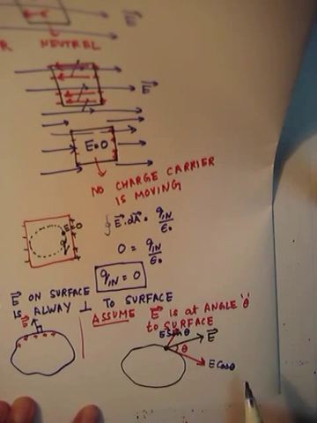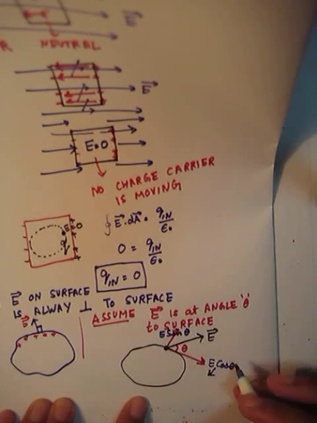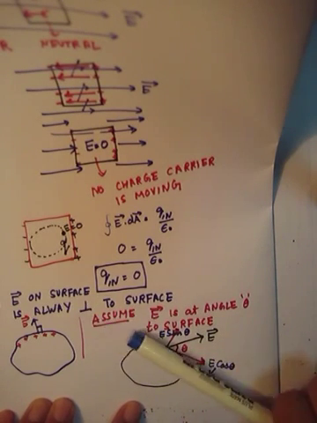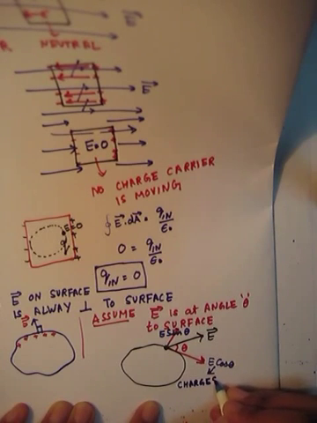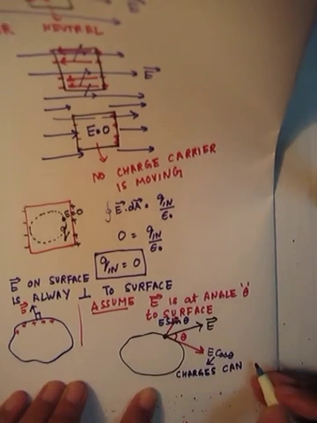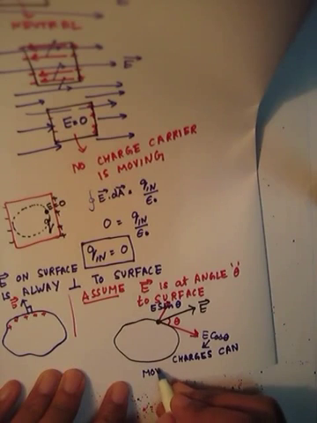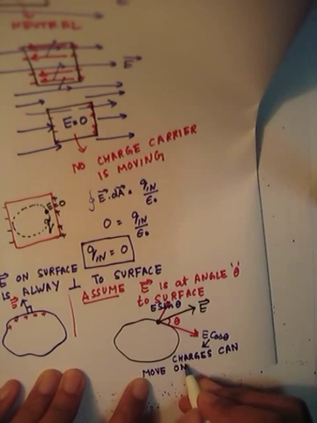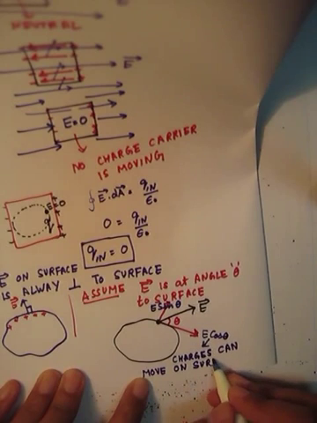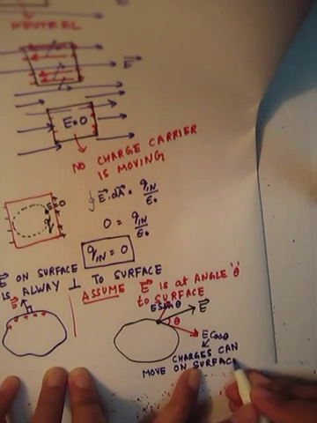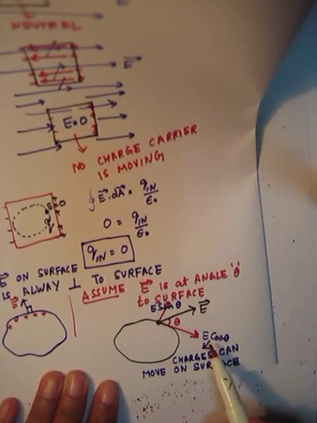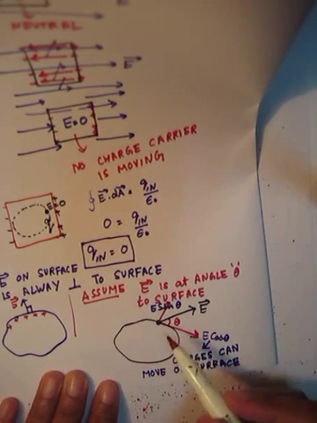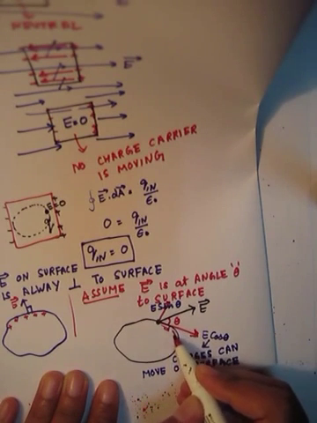If this is true, then due to the component along the surface, charge carriers can move on the surface.